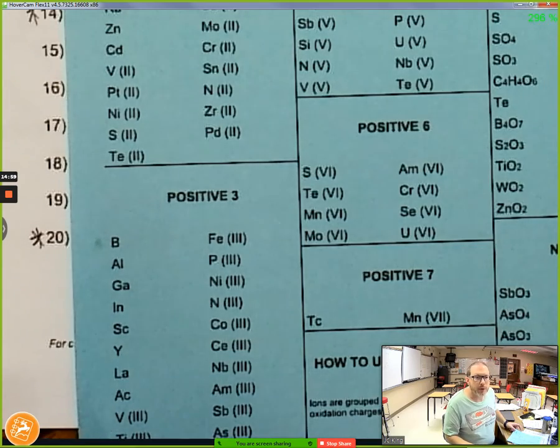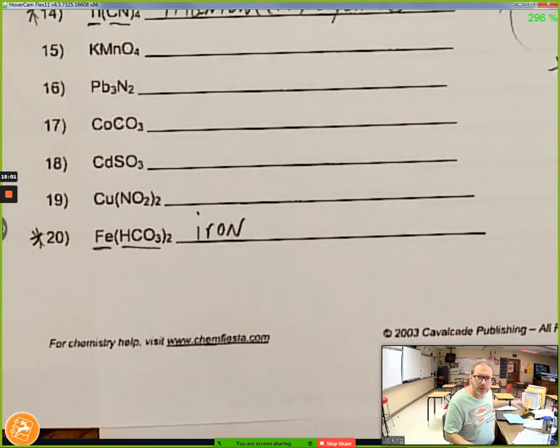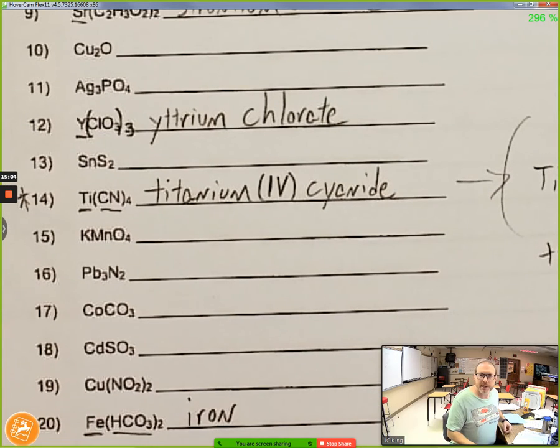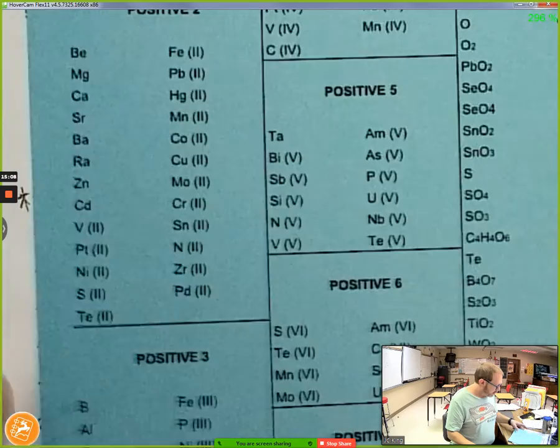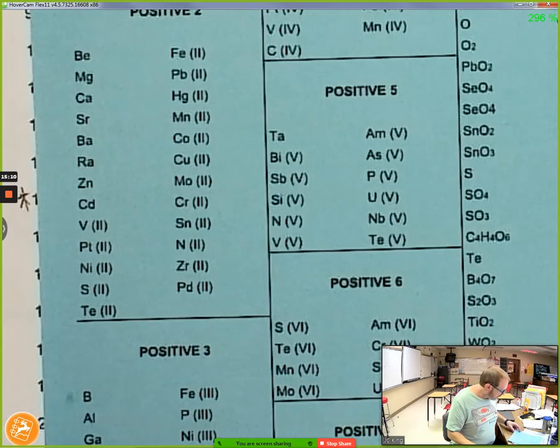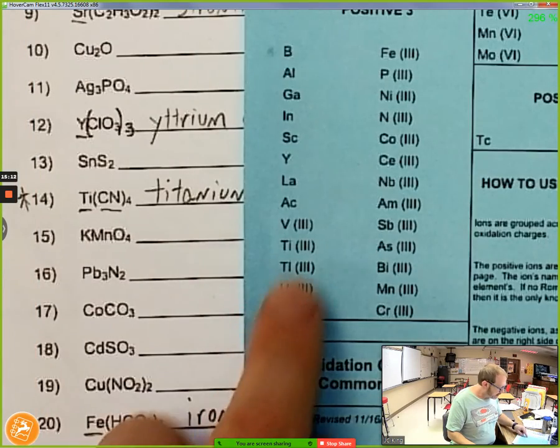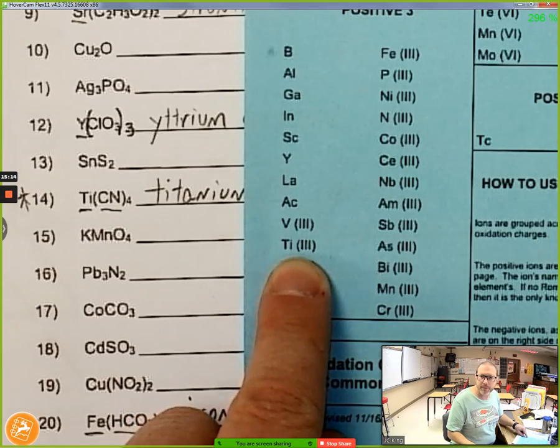Okay, to answer your question, you have to include the Roman numeral on this because there are other kinds of titanium. So, for instance, if I had, see there's titanium with a charge of 3 right there.